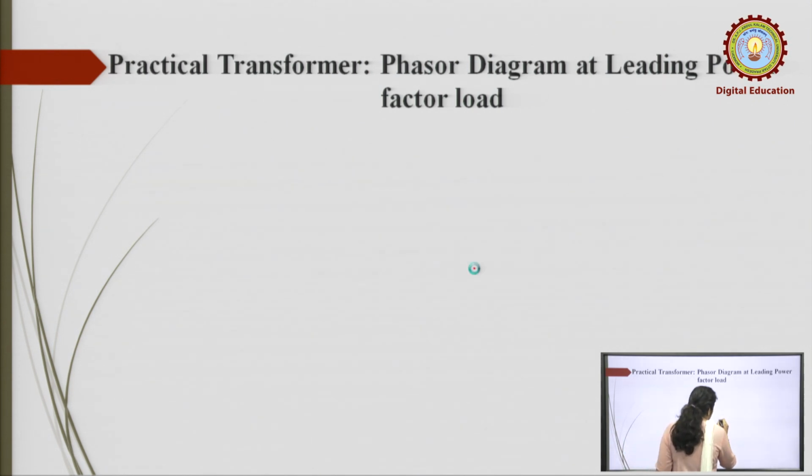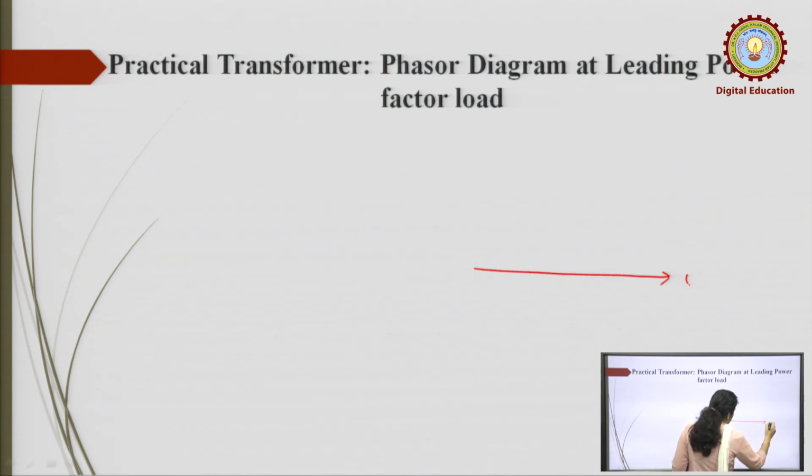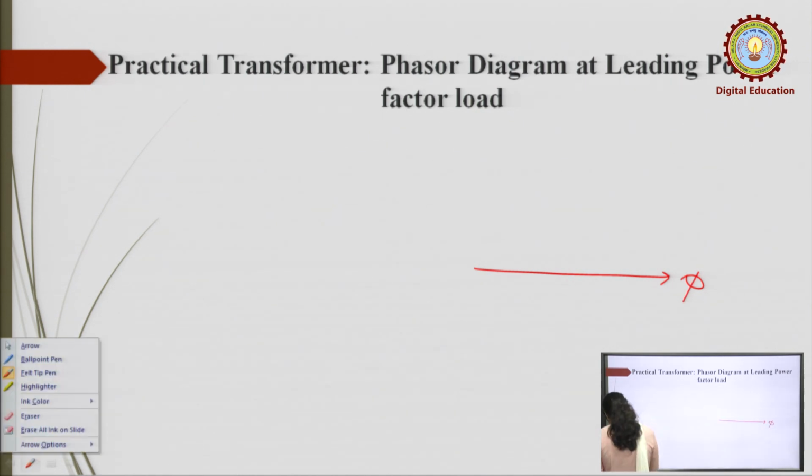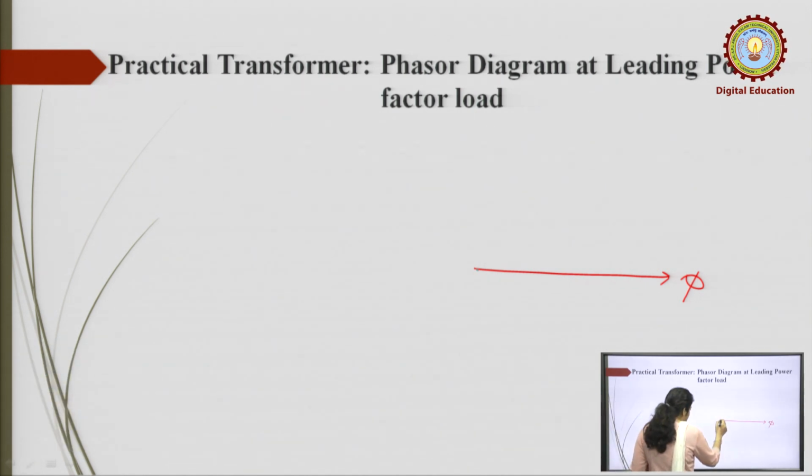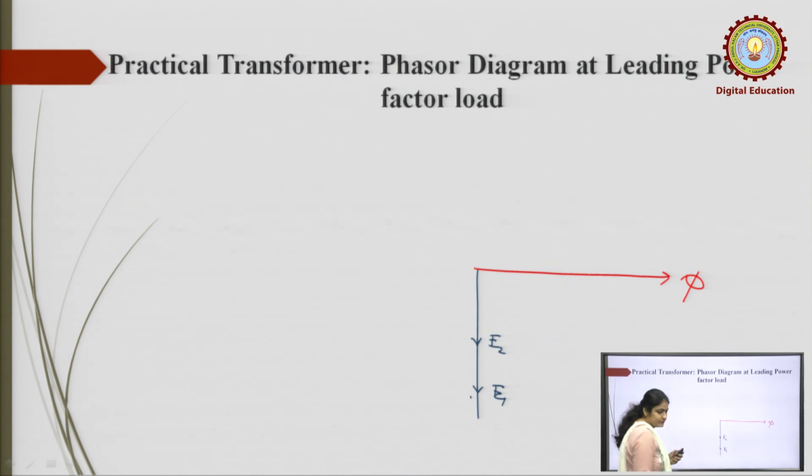Suppose this is phi, this is E2 and E1, and suppose V2 is here and I2 is here.